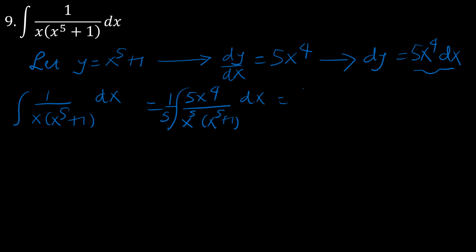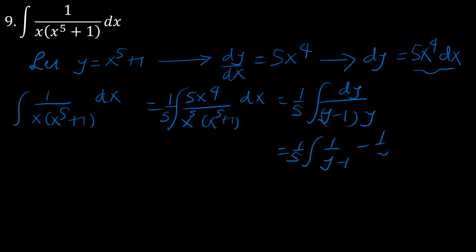So this is a fifth, and we have dy over y minus 1 and y. So using partial fractions, we can have now 1 over y minus 1 minus 1 over y dy, which is the same as a fifth natural log of y minus 1 minus a fifth natural log of y plus c.